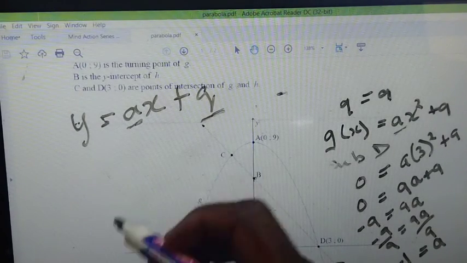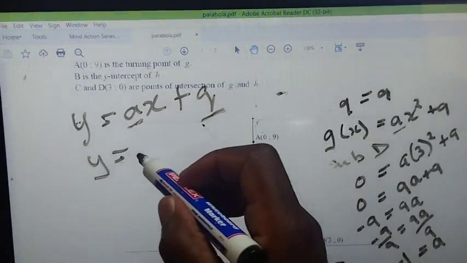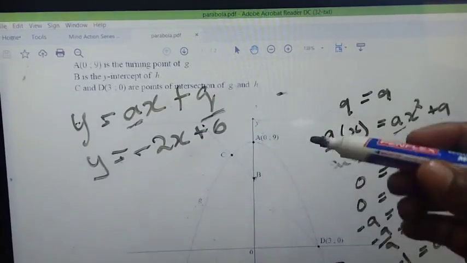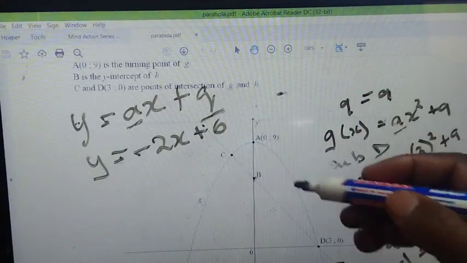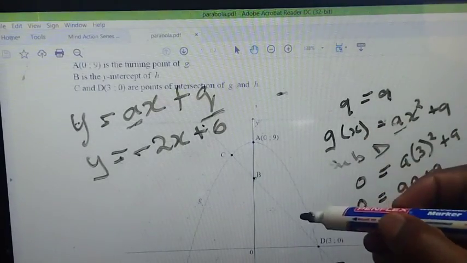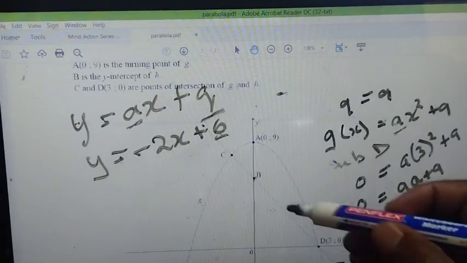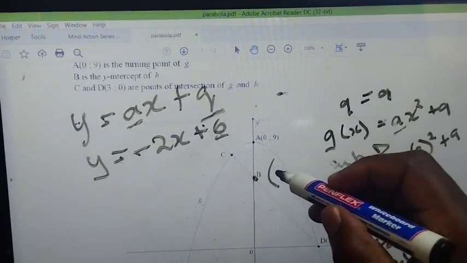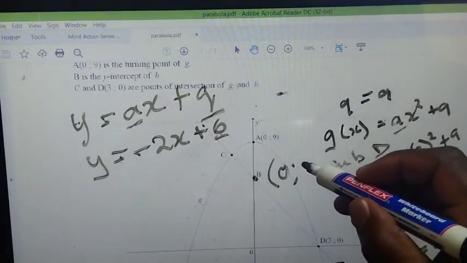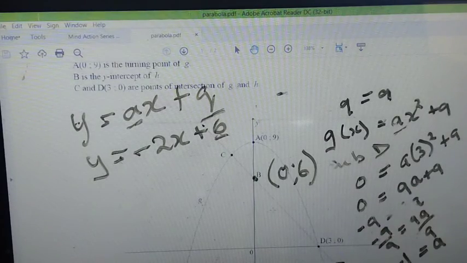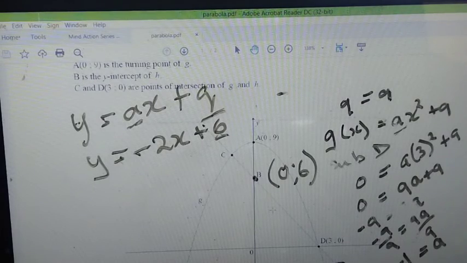So by being given y is equal to negative 2x plus 6, we can tell that where the graph cuts the y-axis is at 6. So that gives us the coordinates of B straight away: x is 0 and y is 6. And don't interchange these coordinates and start with 6 and then 0. Then it becomes wrong.